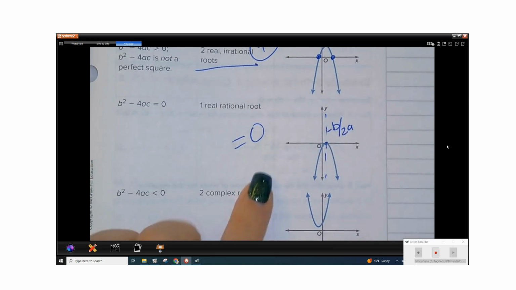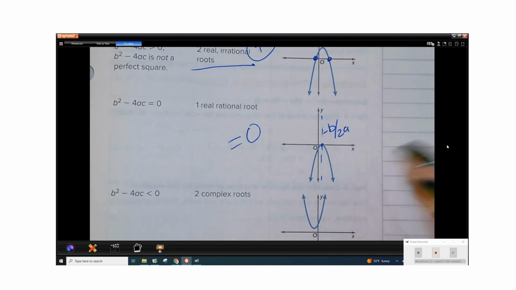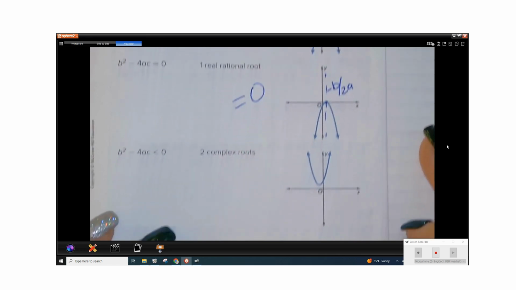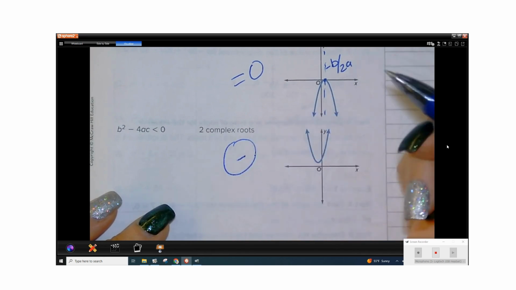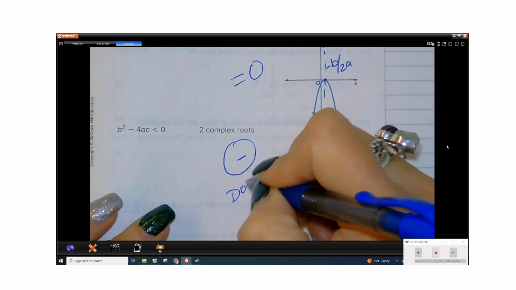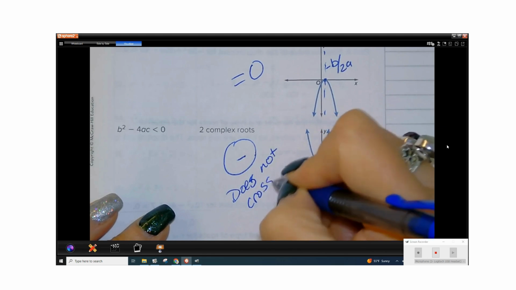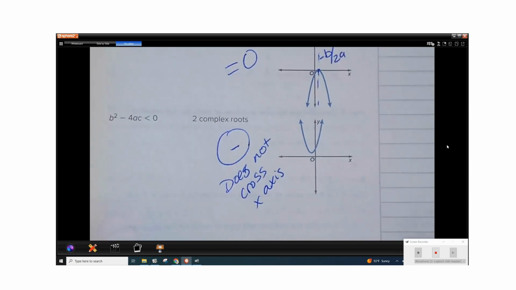It's on the x-axis. Now they are showing this parabola that opens downward, but we're just focusing on the x-intercepts, the roots. And if it is a negative, that is a complex number. It does not pass the x-axis. And so those are imaginary roots or imaginary zeros.